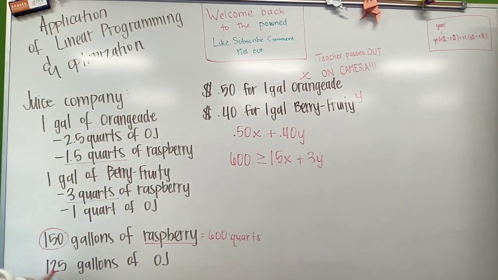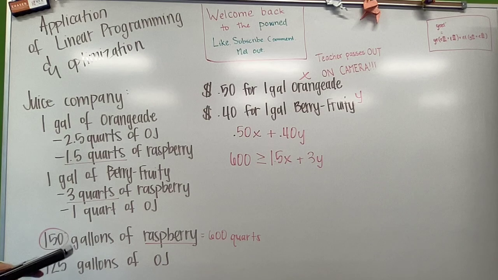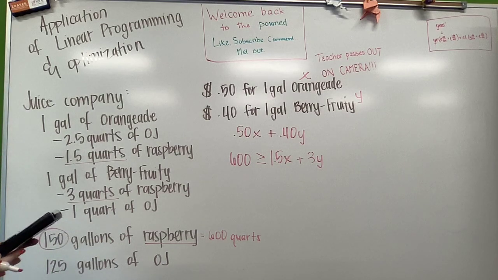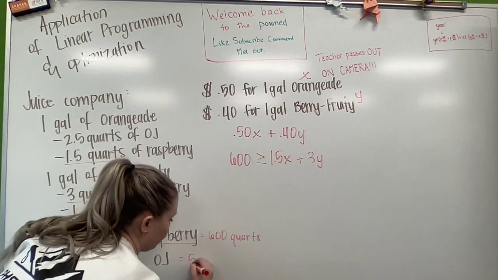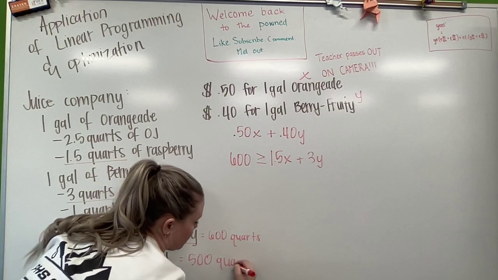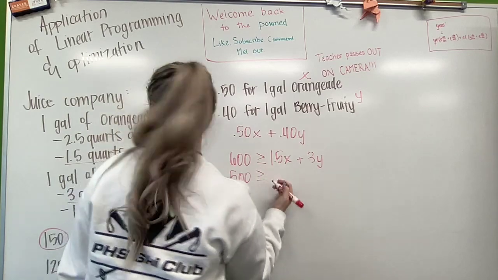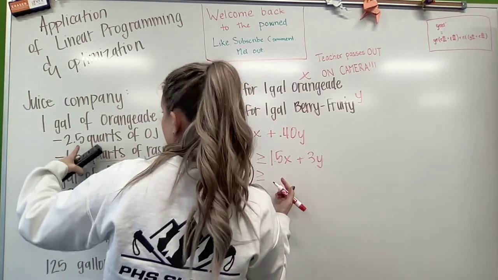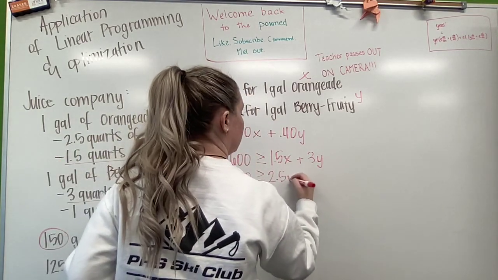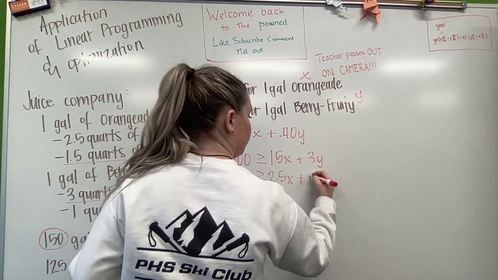We'll do the same thing for OJ. We have 125 times 4, so this is 500 quarts. I'm going to do the same thing: 500 is greater than or equal to 2.5x plus 1y, since this one uses 2.5 and this one uses 1.